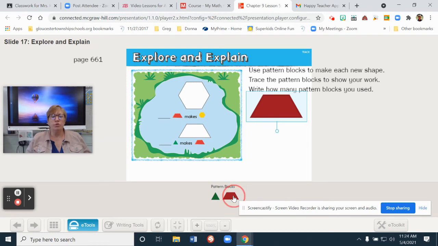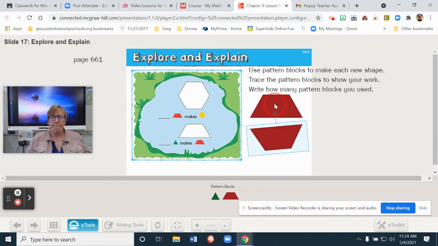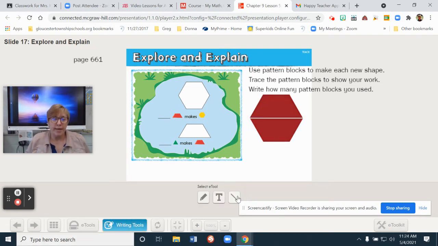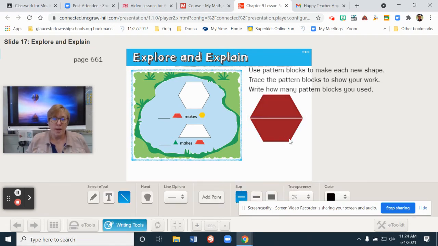So I'm going to try to get another one, but now I need to turn it around. Oops, a little uneven there. And put it there. Now, if I were to just have one block and lay it there, I could just trace it along the bottom.